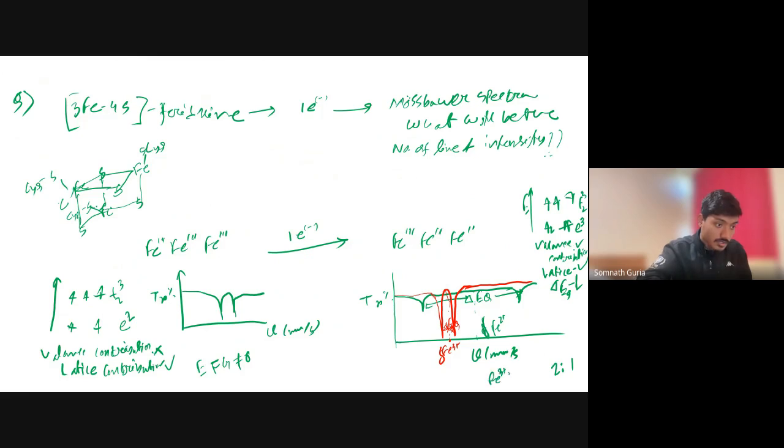Fe3 plus to Fe2 plus, the ratio should be this one. The intensity ratio for the Mossbauer line.